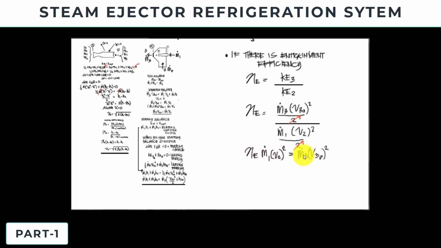And we can expand the value of the mass flow rate 3: coming from the mass balance previously, it is the mass flow rate 1 plus the mass flow rate O, multiplied by the velocity 3A squared.